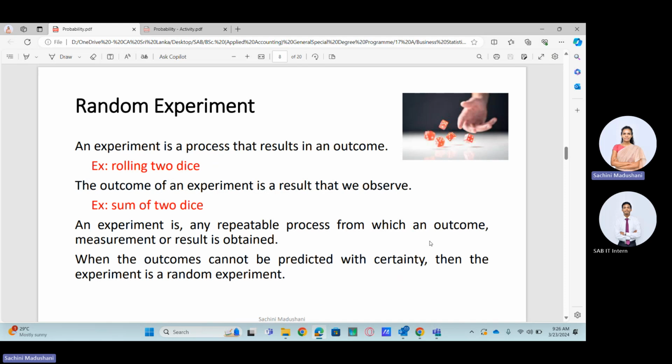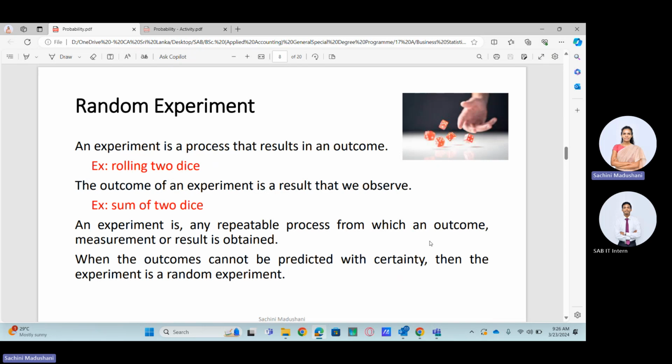Then what is a random experiment? In a random experiment, we know the outcomes. For example, tossing a coin: all of you know the outcomes, head or tail.